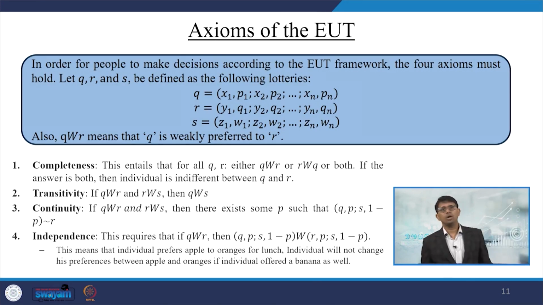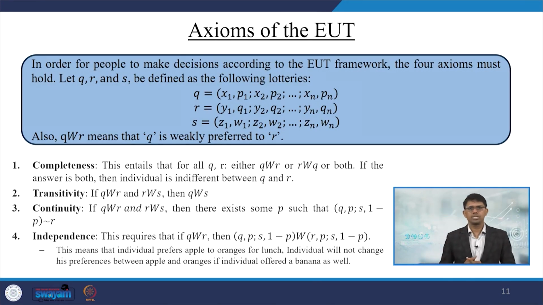Okay. Now, let us explain the axioms of expected utility theory. In order for people to make decisions according to the expected utility theory framework, 4 axioms must hold.